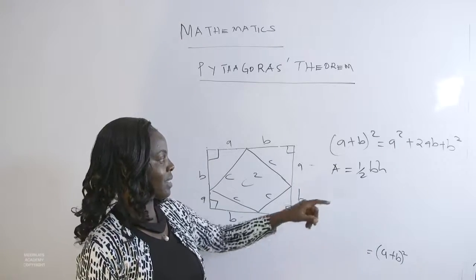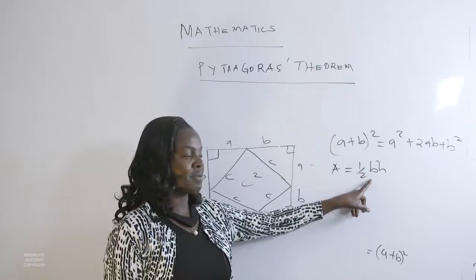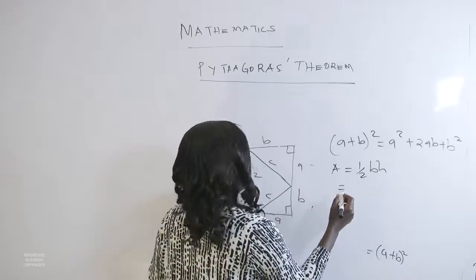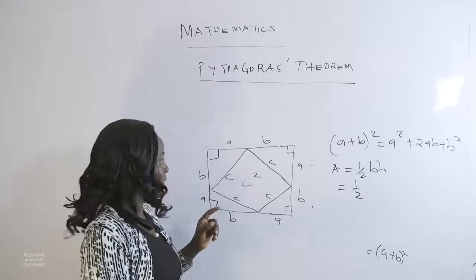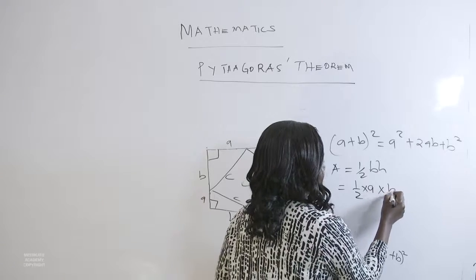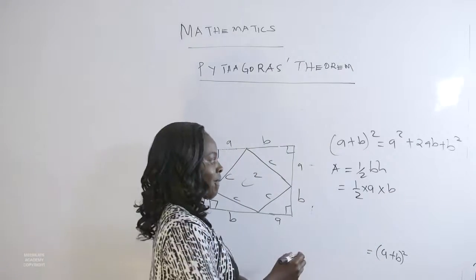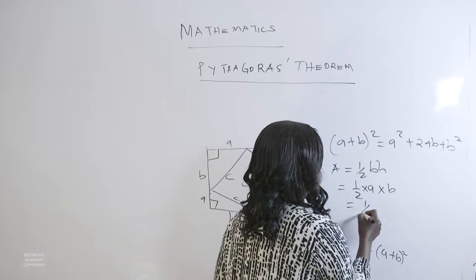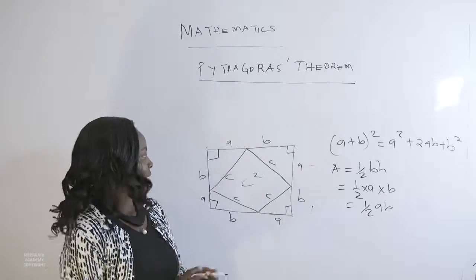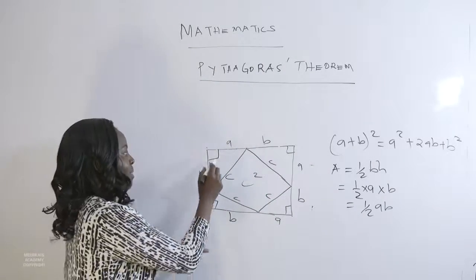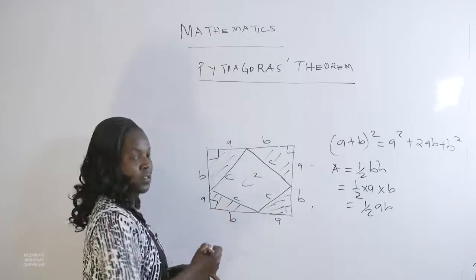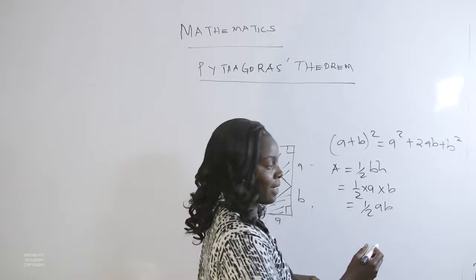From our last lesson, we learned that the area of the triangle is half base times height. If we substitute in our formula, this is the area of one triangle, but we have 4 triangles, so we multiply the area by 4.